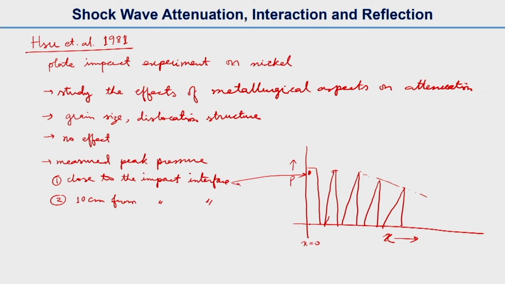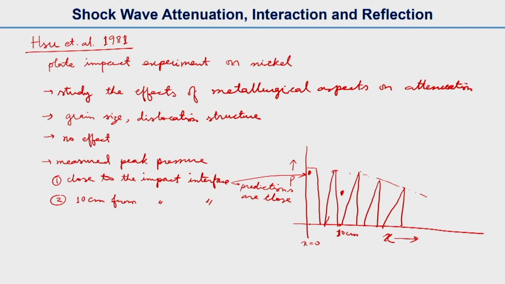they got good results, that means the predictions were good, the predictions are close, but at a distance of 10 centimeter, let us say this is the 10 centimeter point, here the pressure they got is something like this, which is much lower than the peak pressure.